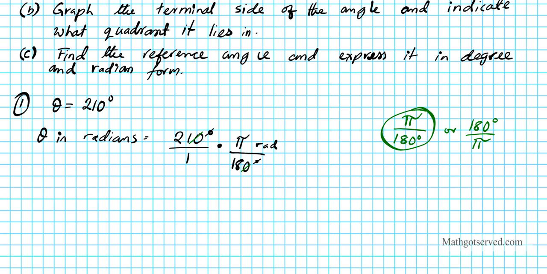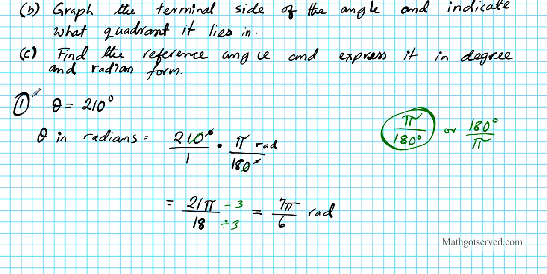Now we multiply across and have 21 pi over 18. Can I reduce this? Absolutely. I can divide the numerator and the denominator by 3, which is the greatest common factor. Then we have 7 pi over 6 radians.